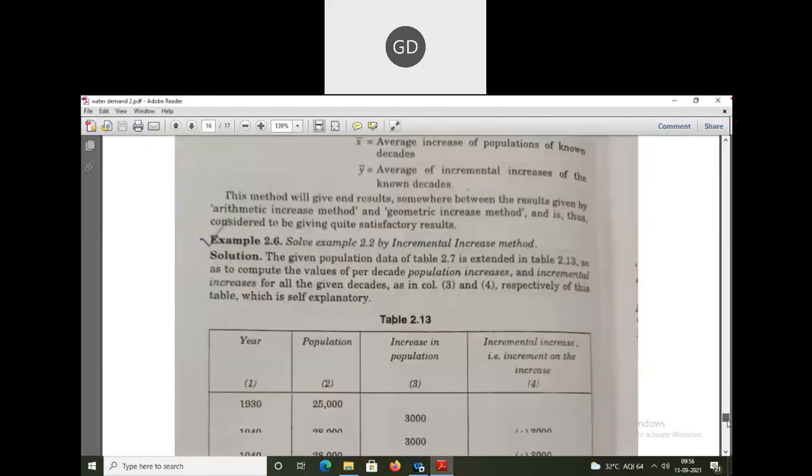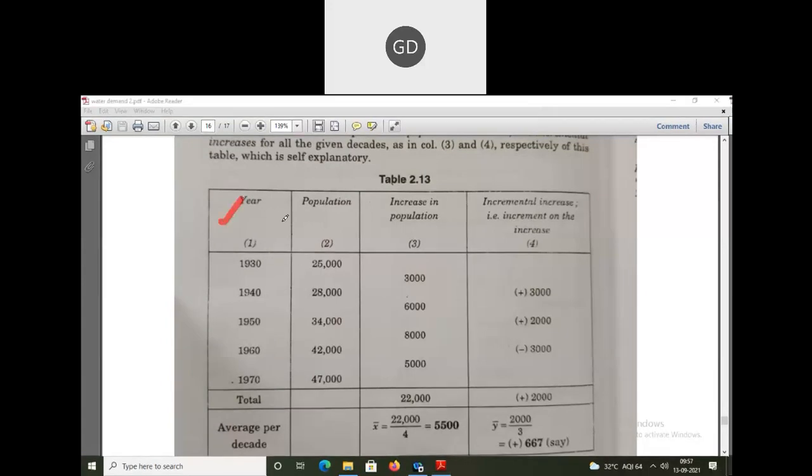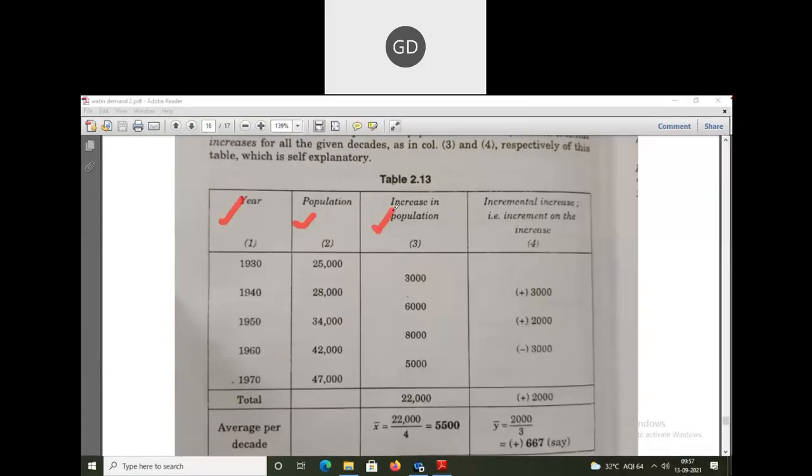So the same question, the same numerical, we are doing in the incremental increase method. Here the first, second and third columns are again the same. As soon as you remember the arithmetic increase method, you will automatically be able to proceed with the geometric increase method and incremental increase method.